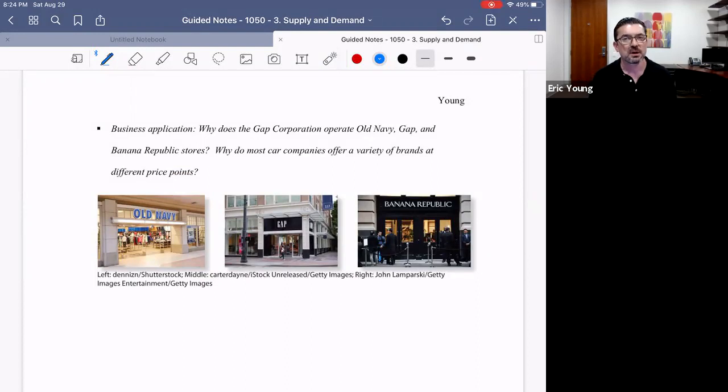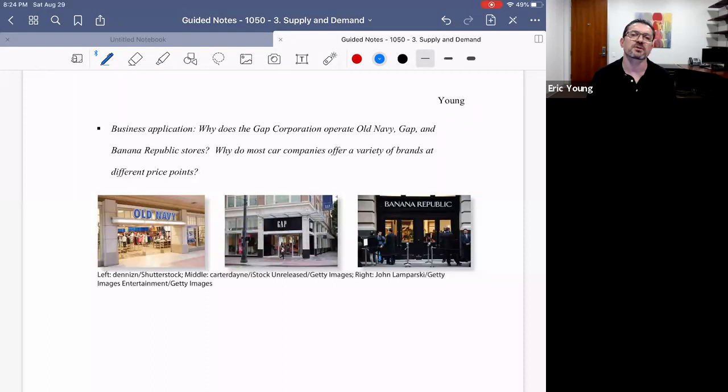And finally, not so much an example, but an application to get you thinking, all you business majors. Can you take this knowledge that we got from this module and answer this question? Why does the Gap Corporation operate Old Navy and Gap and Banana Republic? Don't know if you knew that, but all 3 of those stores are owned by the Gap Corporation.